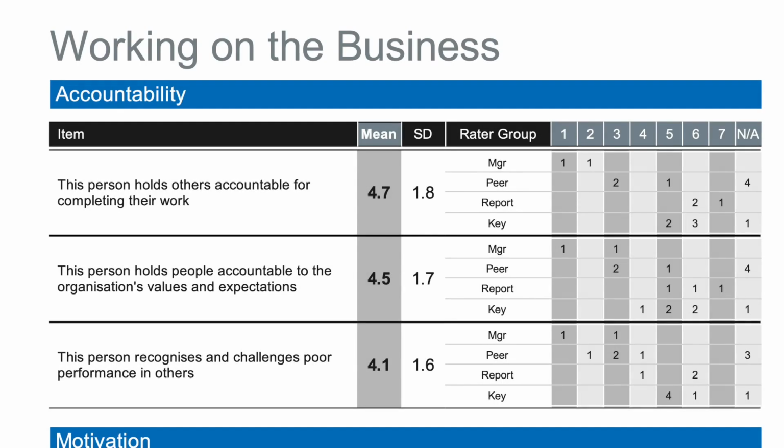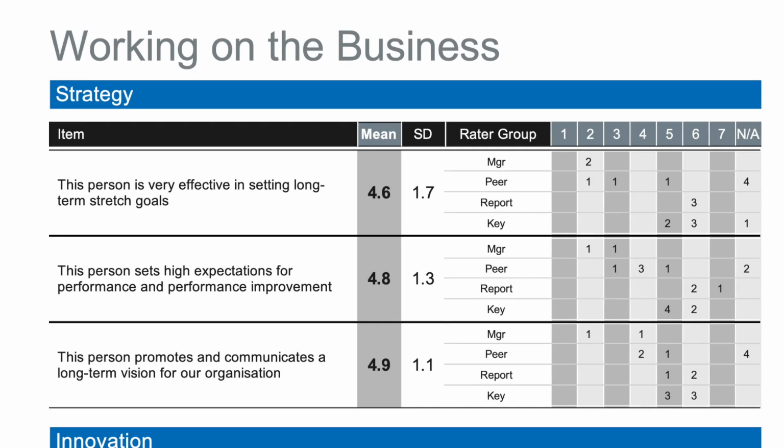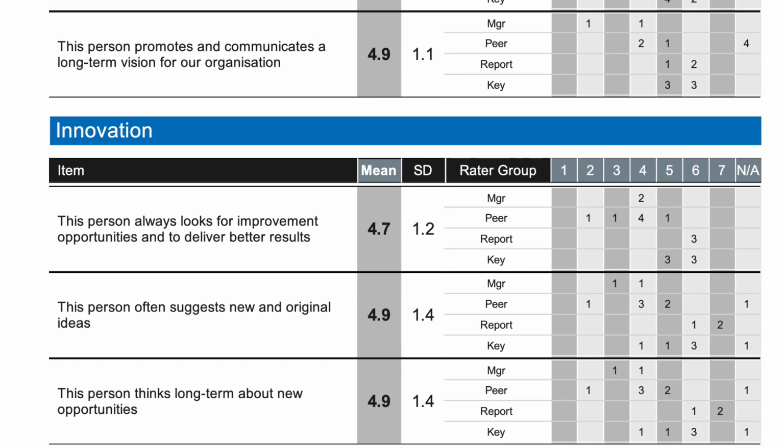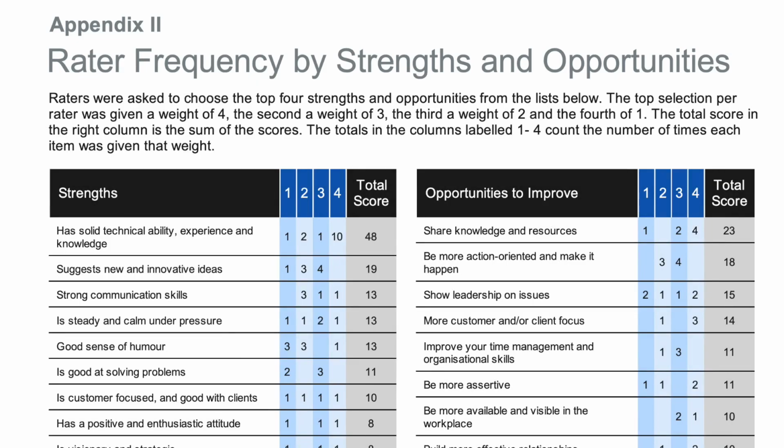The working on the business, the accountability, the motivation, strategy, and also the innovation there, the stakeholders' ratings on innovation were quite high. I then look at the rate of frequencies by how many people actually gave the highest rating to the strengths. And on technical ability, 8 people rated it either as the highest or the second highest or third highest or fourth highest.